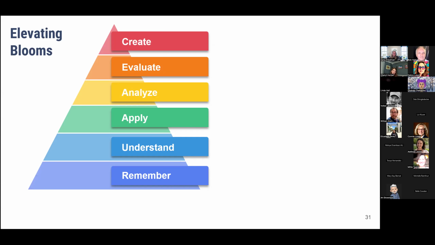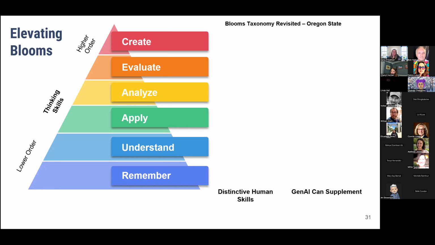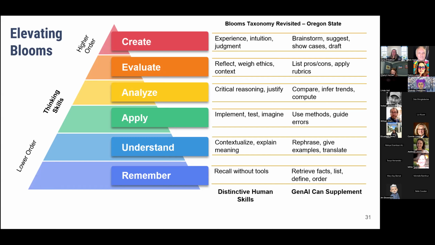So we're all familiar with the pyramid that is Bloom's, remembering and understanding being the lower levels, going all the way up to creating and evaluating, those higher order thinking skills. What Oregon State did, and this was a couple of years ago now, was look at what was the distinctive human skill versus how generative AI could supplement that distinctive human skill.